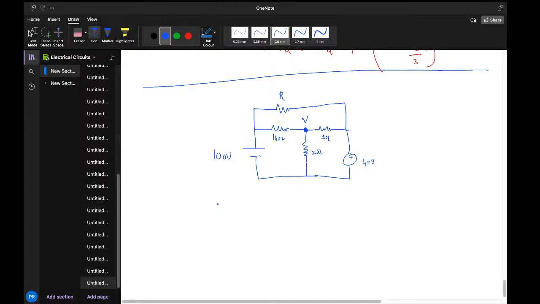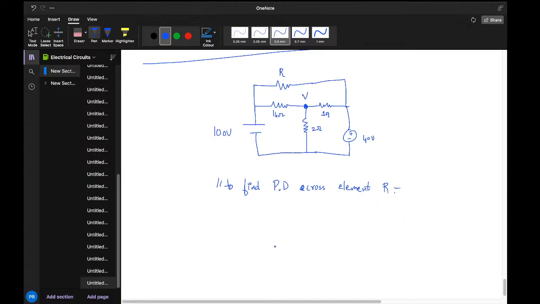So to find potential difference across element R, we use a nodal analysis method.